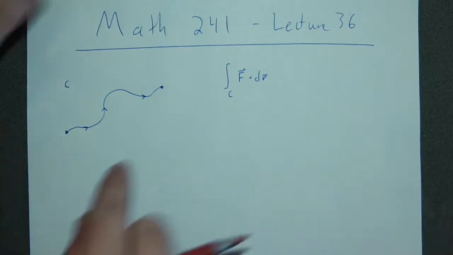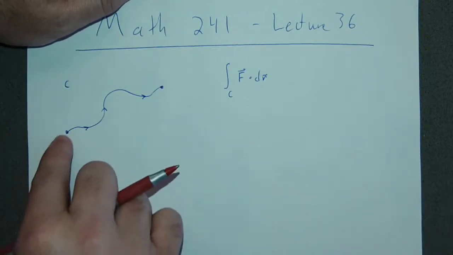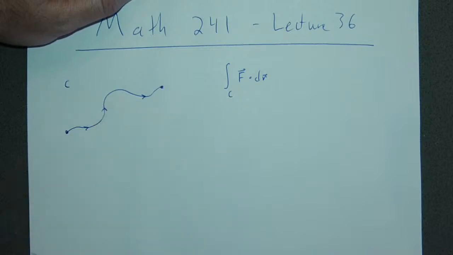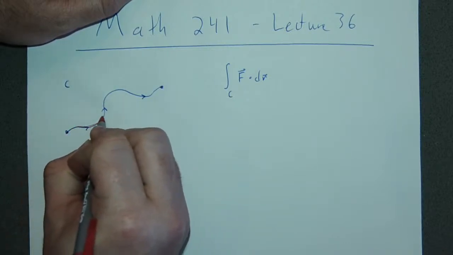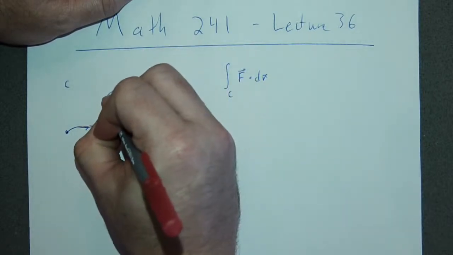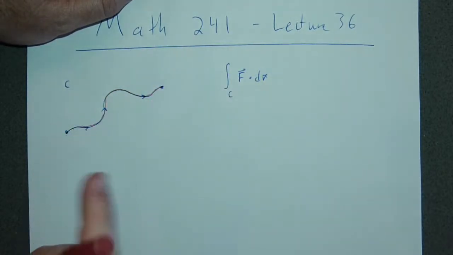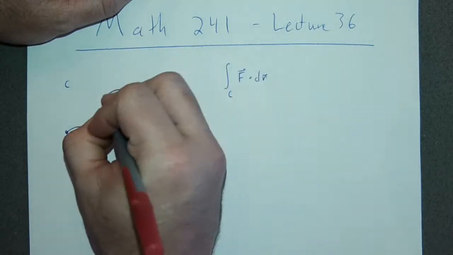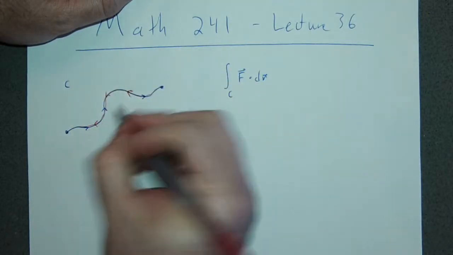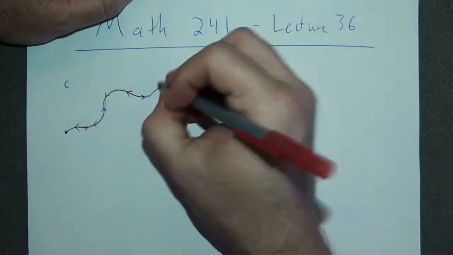Well, to see that, let's take, as far as the points go, the same curve. Meaning that I want to consider the exact same curve, so that it traces out the exact same trajectory, but associated to this curve that I've outlined is the opposite orientation. So it's the orientation going in the opposite direction.